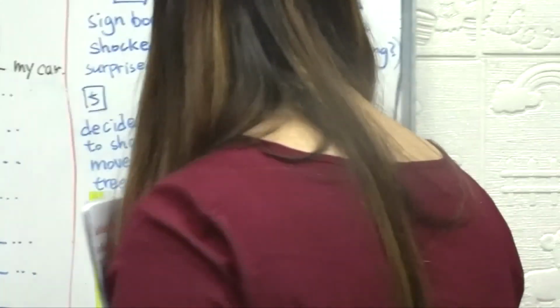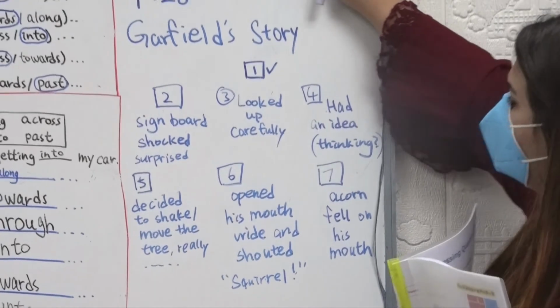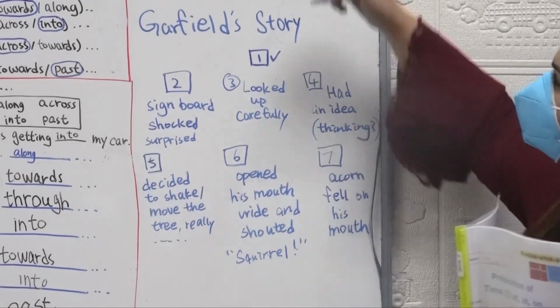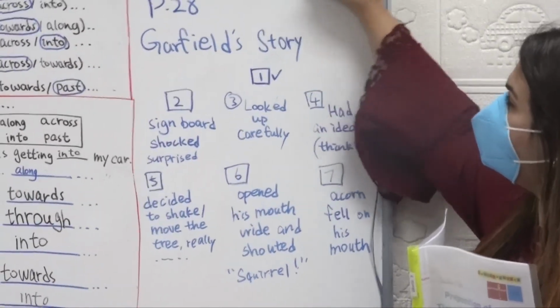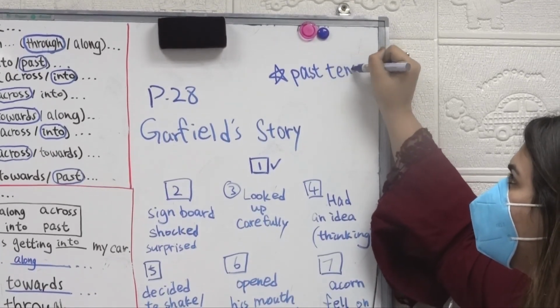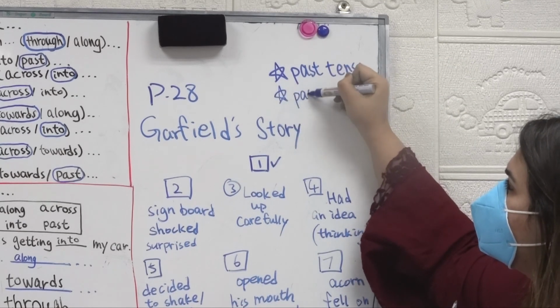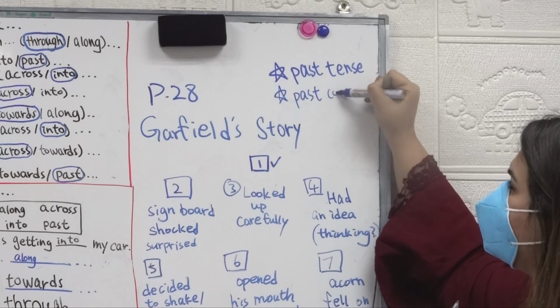All right, let's have a look here. I'm gonna sum up. What tenses do you have to use for Garfield's story? You may use past tense, right? Past tense. And then you may use past continuous tense.